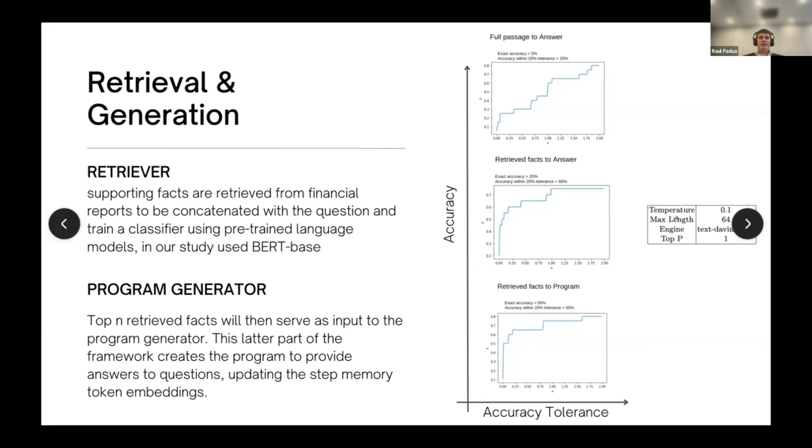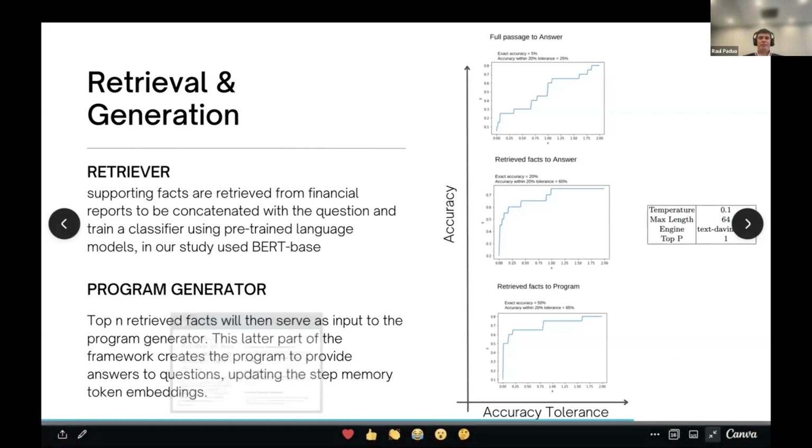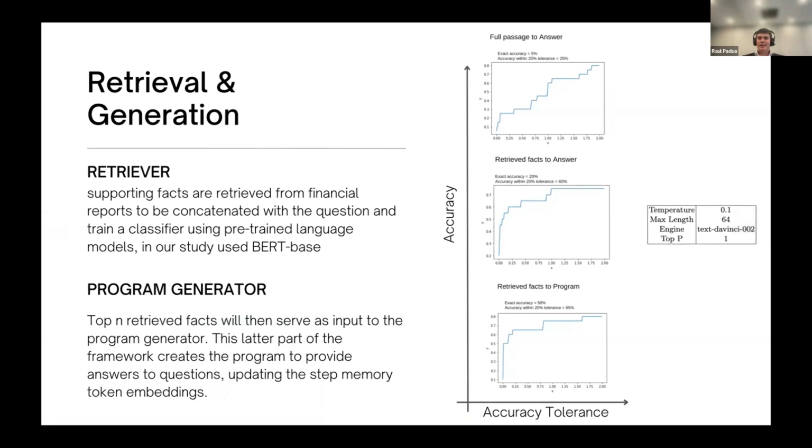You can see in the parameters, the configuration uses a temperature of 0.1, a max token length of 64, and text-davinci-002, which was the best performing model OpenAI provided at the time. Also, as I said, top P equals 1.